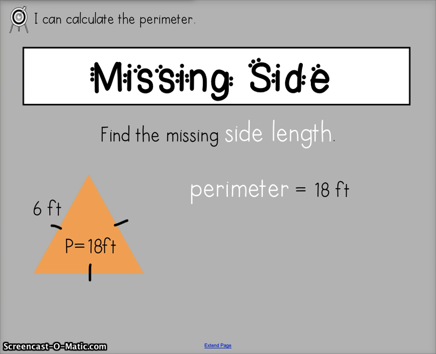So here it says find the missing side length, okay? The perimeter is 18 feet, and one of the sides is 6 feet. I'm looking at those black lines, the three of them around the sides of the triangle, and I'm wondering what those mean. Can you remind us, Mrs. Luzwitz?